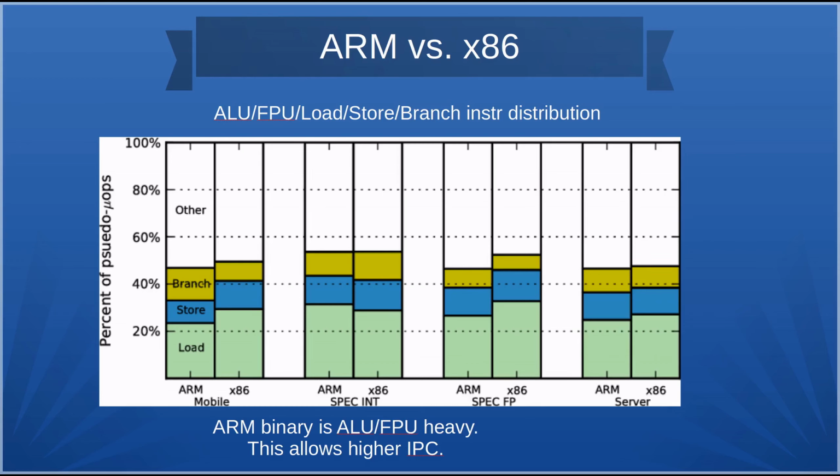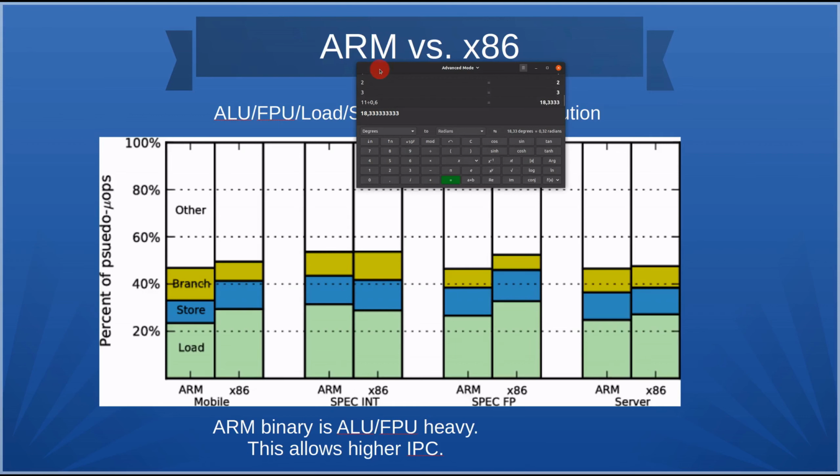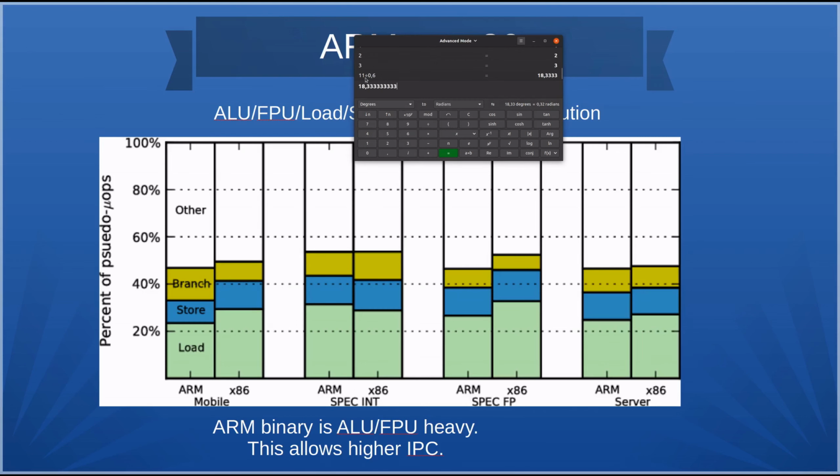So theoretically, a Zen 3 architecture would need, because we have 6 floating point units here, plus 5 wide integers, so together it's 11, divided by 60%, it's a total of 18 units.